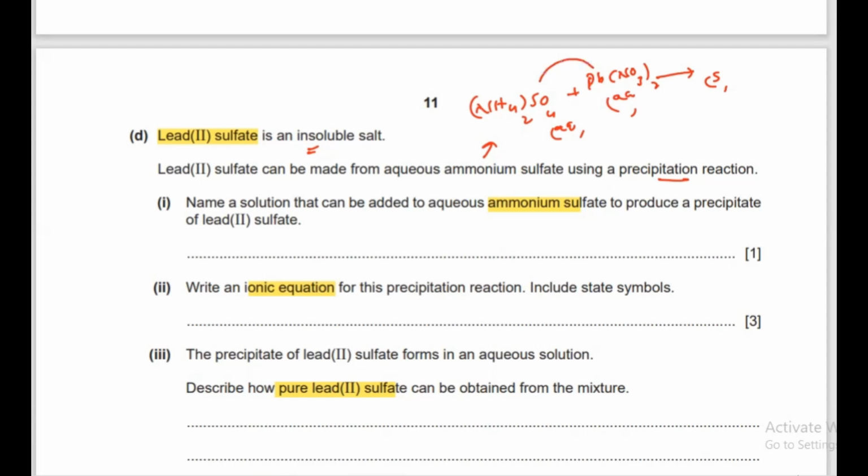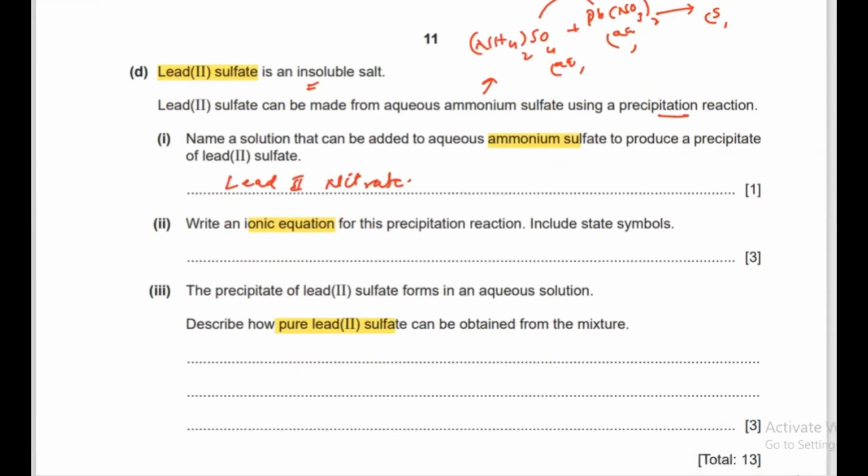So the reagent used to get lead-2 sulfate as a precipitate is lead-2 nitrate. This is the second reagent which can be used along with ammonium sulfate to get lead-2 sulfate.